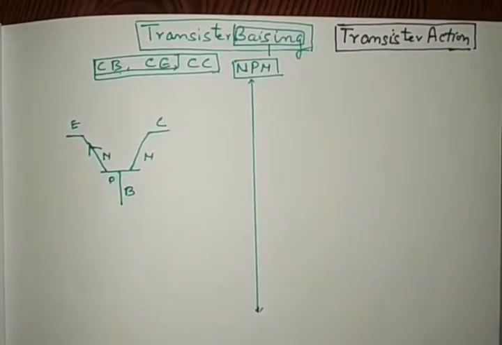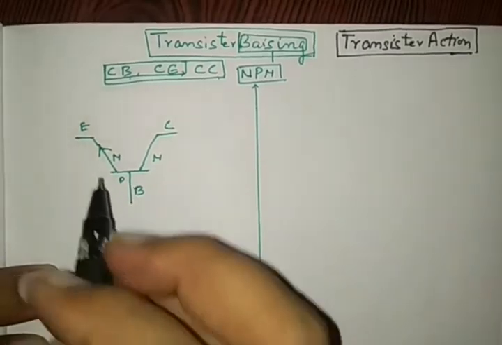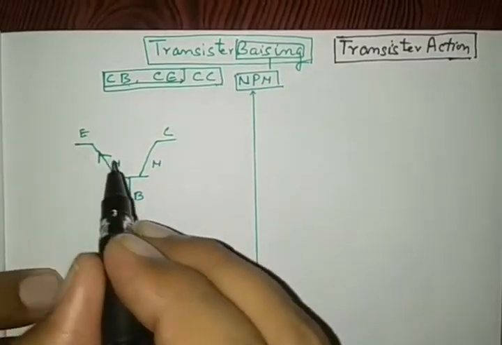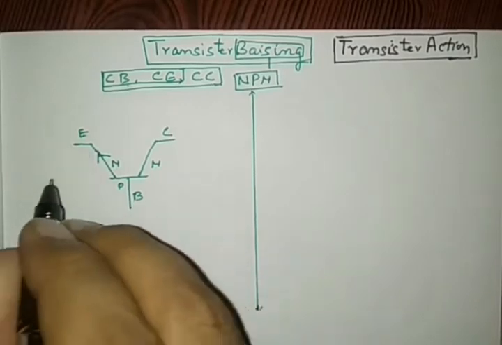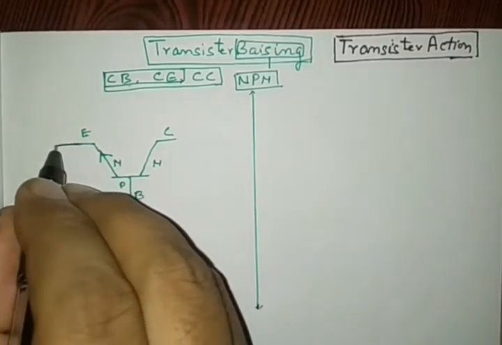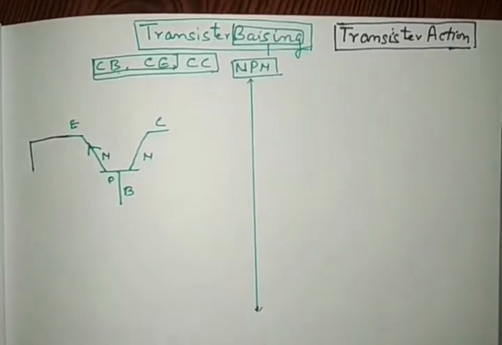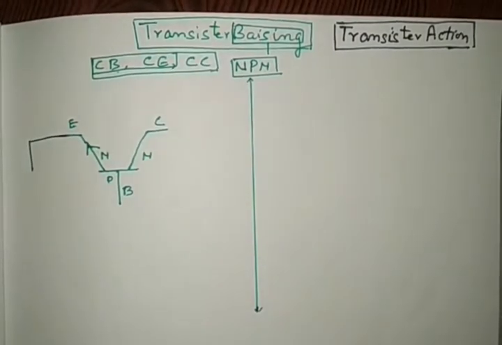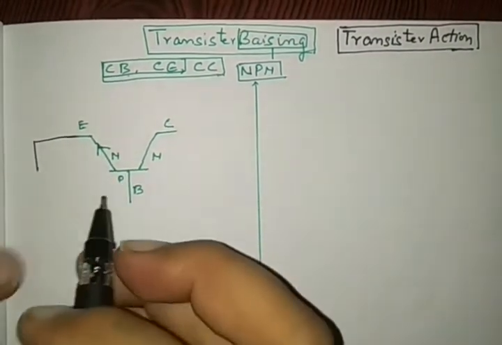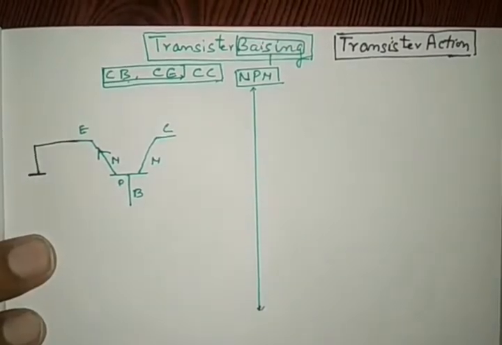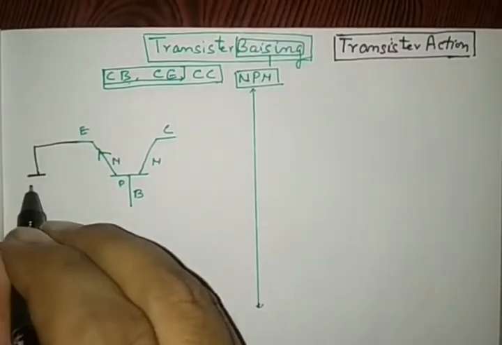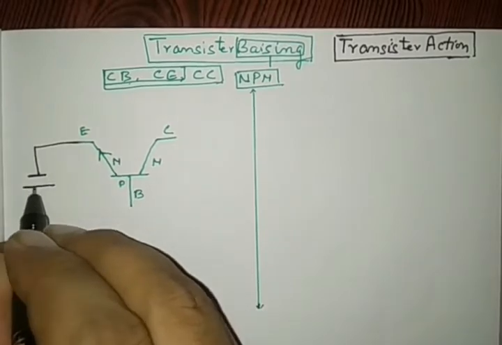Now see very carefully. The emitter, which is connected in the input circuit, is always forward biased. How is it forward biased? For the forward biasing, negative is connected with negative and positive is connected with the positive terminal of a cell.